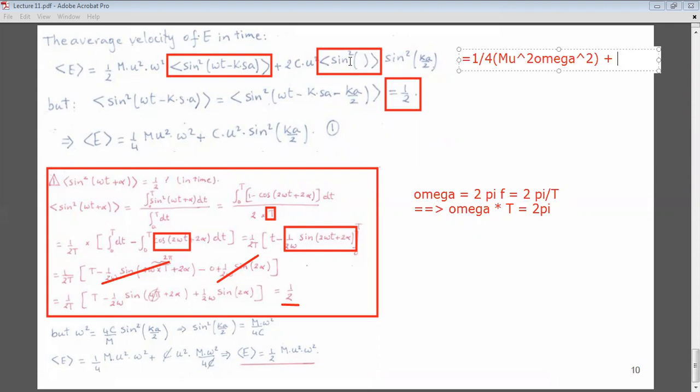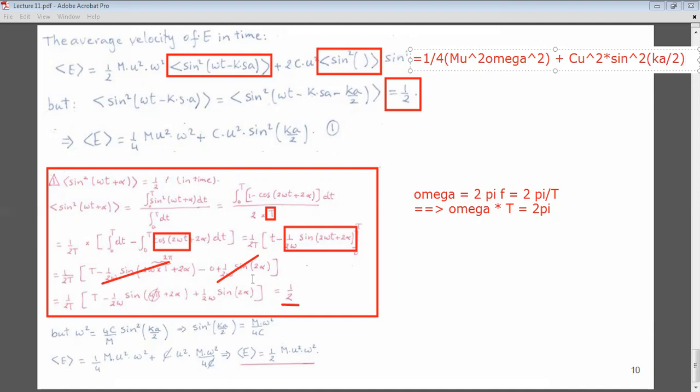Plus this thing is also half, and there is a 2 here, so they will cancel each other. I will be left with c u square times sine square of ka over 2. So this is the time average total energy per atom.